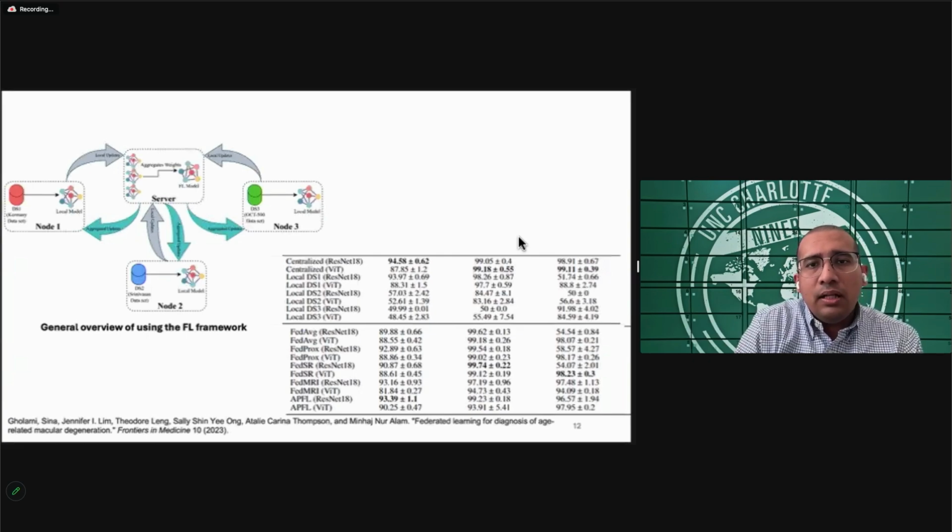We also tried different aggregating methods, not only just averaging, but FedProx, SR, MRI, APFL, etc. And we tried different models to compare, like ResNet, GoogleNet, and larger networks like vision transformers. And this is published in this paper, so if you're interested in reading more, feel free to take a look.